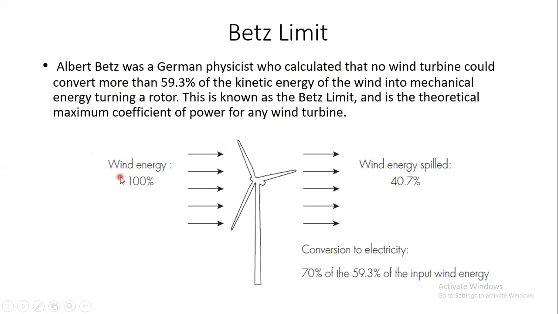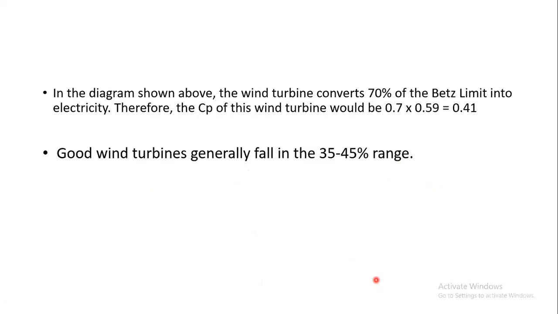If the wind is going through with 100% wind energy provided to the rotor blade of the wind turbine, after extracting energy and generating electricity, 40.7% of the wind energy would be expelled. That means conversion to electricity is 70% of the 59.3% of the input wind energy. This is the main problem in a wind turbine.